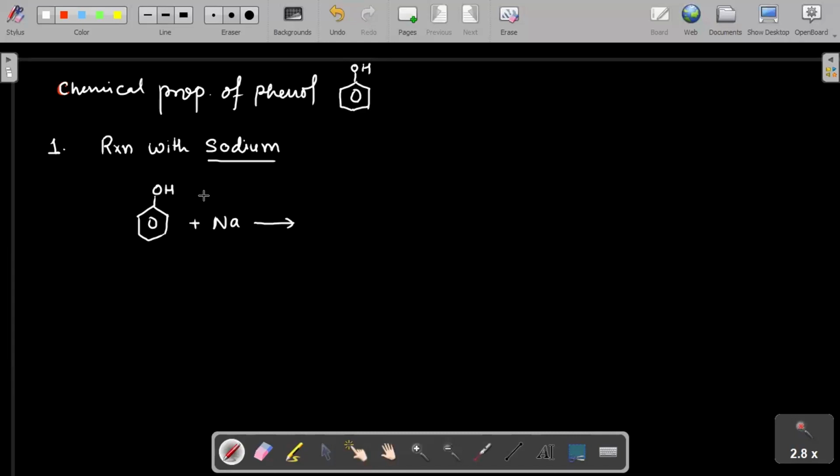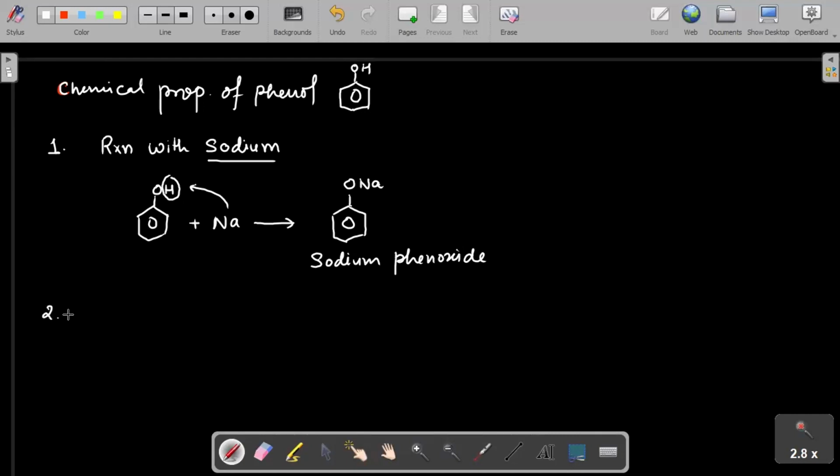Here the sodium displaces this hydrogen. Hydrogen is here less reactive. So sodium displaces this hydrogen, and we get the sodium phenoxide ion. Okay, sodium phenoxide you can call it.